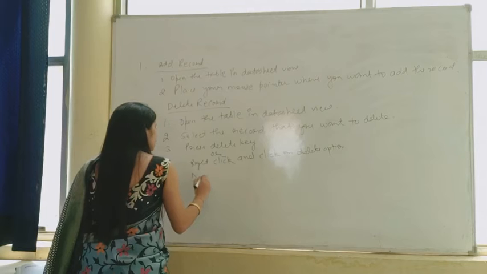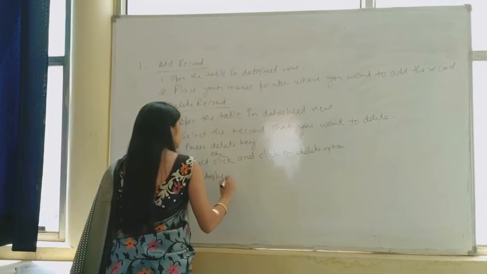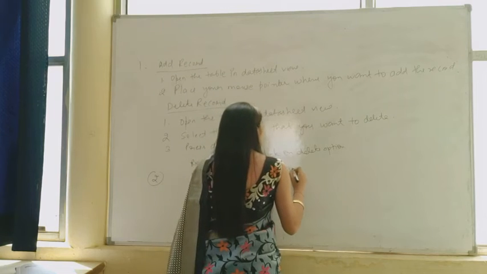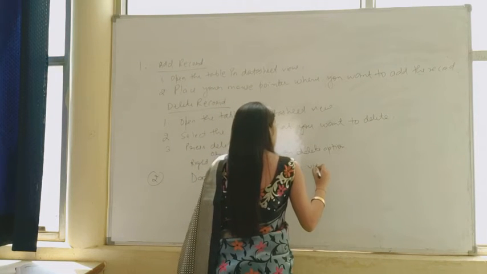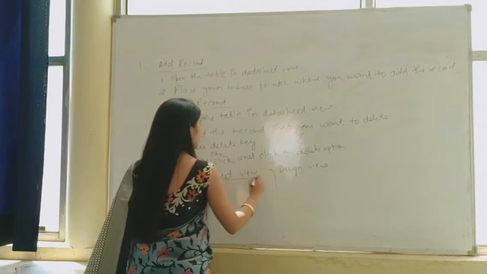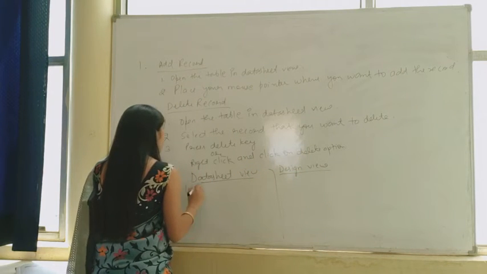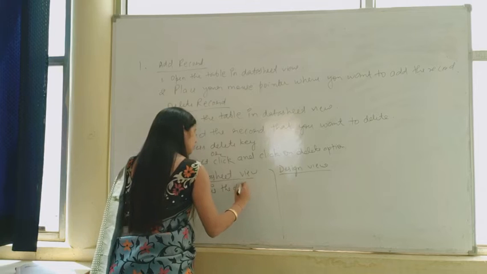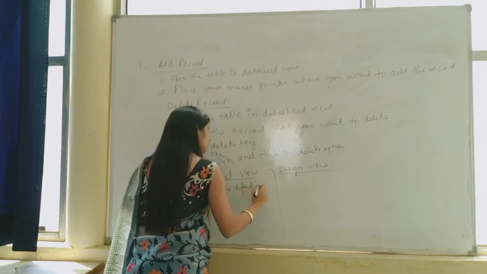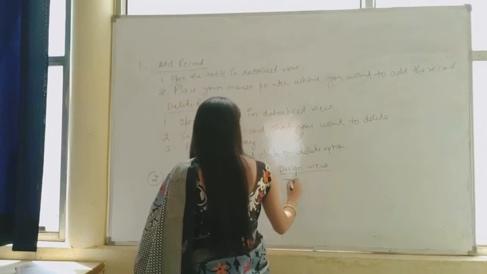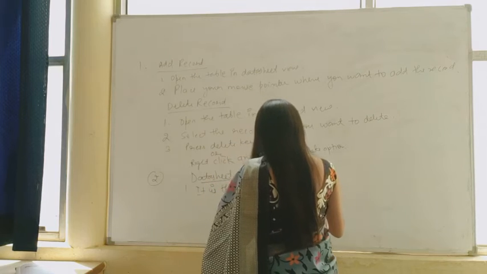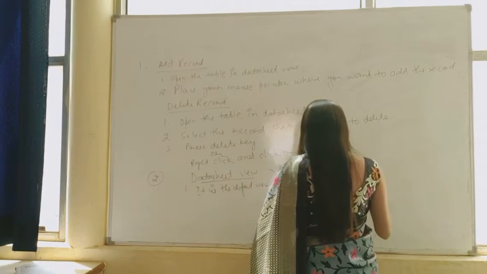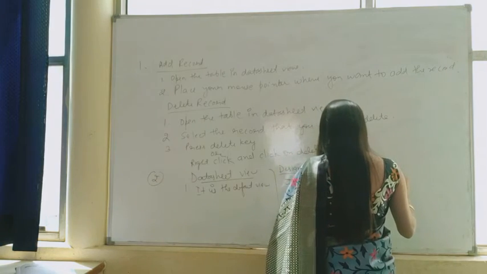So on one side I am writing datasheet view and on the other side I am writing design view. First point: it is the default view. Here I will write: it is not the default view.